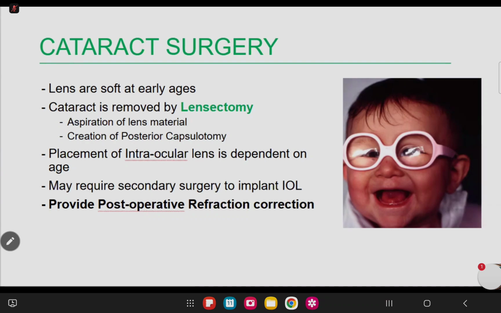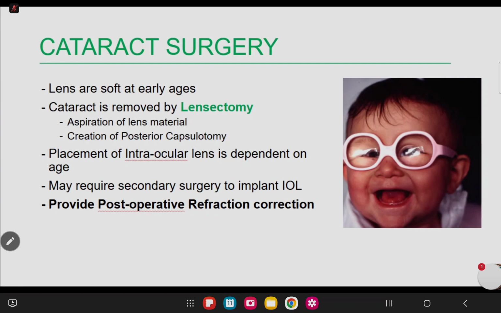And then after we aspirate, we usually create a posterior capsulotomy since the most common complication for any cataract surgery would be posterior capsular opacification. We usually leave your posterior capsule for it to house your intraocular lens, your artificial lens. It is where your IOL rests.